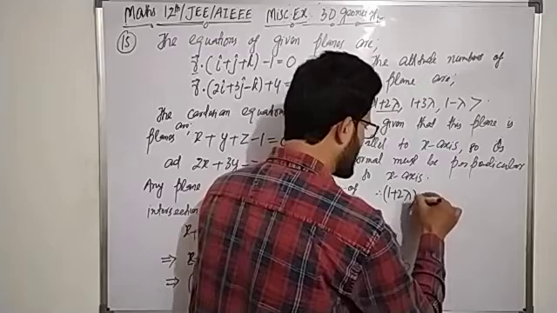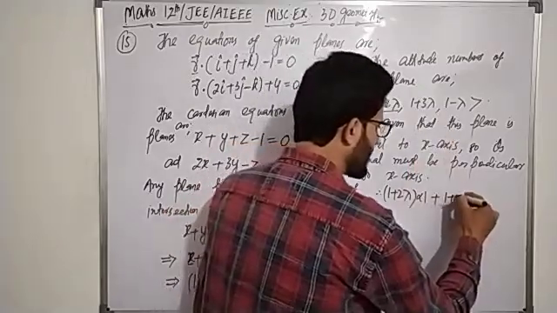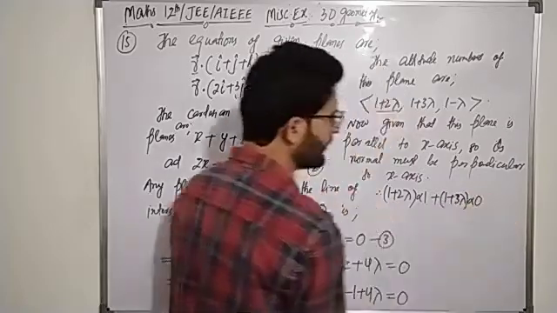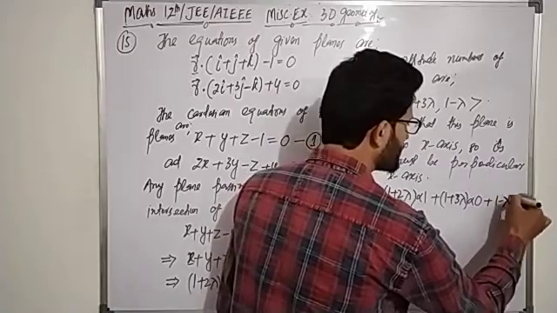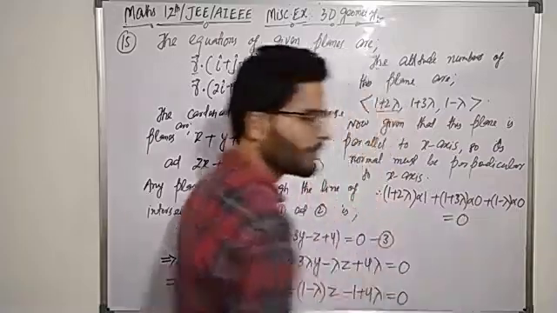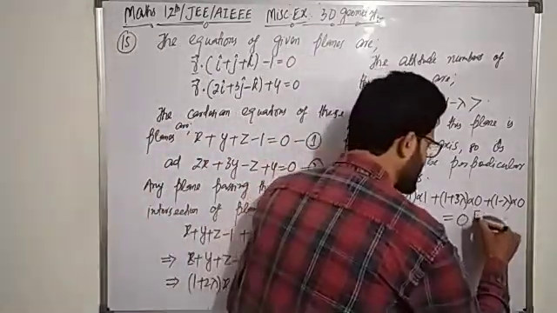So (1 plus 2 lambda) into 1 plus यहां पे दूसरा डायरेक्शन रेशियो (1 plus 3 lambda) एक्स एक्सिस का दूसरा डायरेक्शन रेशियो मस्ट बी इक्वल टू 0. एंड यहां पे तीसरा डायरेक्शन रेशियो (1 minus lambda) इनटू एक्स एक्सिस का तीसरा डायरेक्शन रेशियो 0 होगा एंड दैट्स इक्वल टू 0.